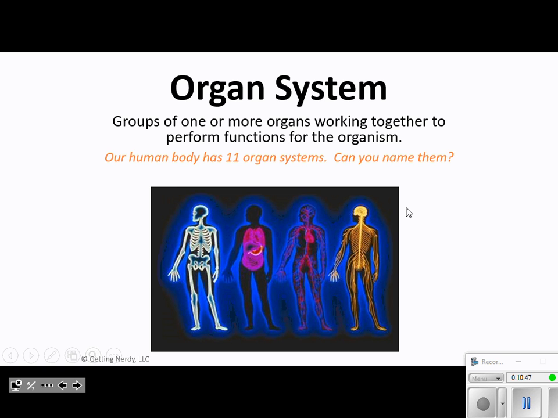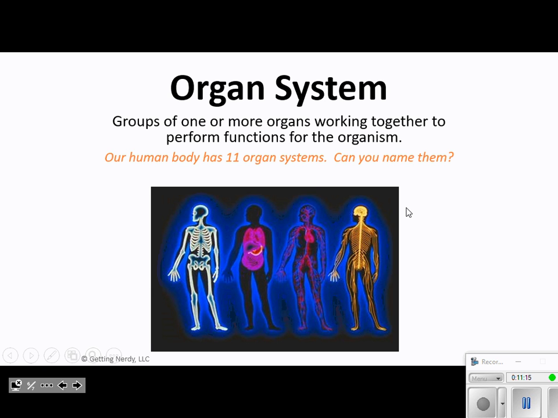Now, has anybody ever heard of the circulatory system? What's the circulatory system? The blood circulating through your body. Now let's talk about some things.